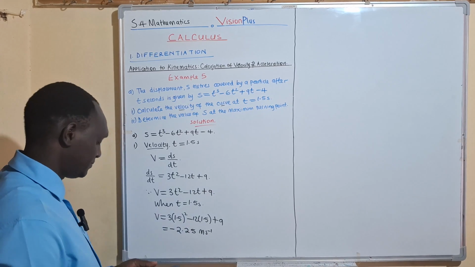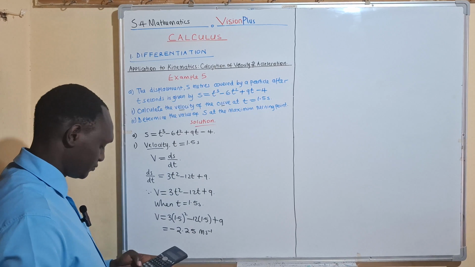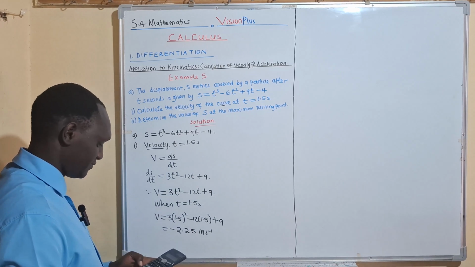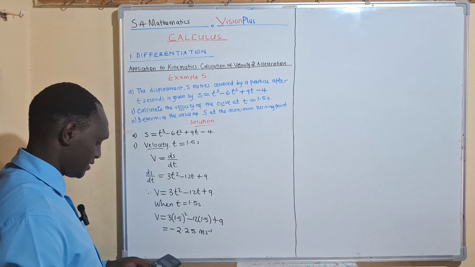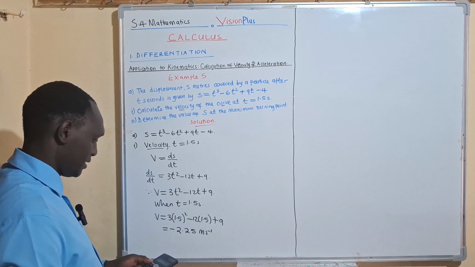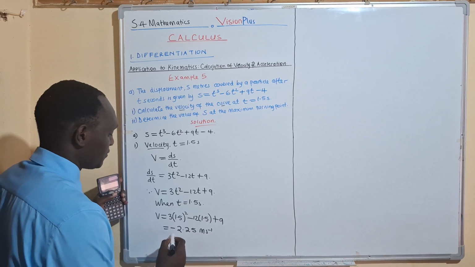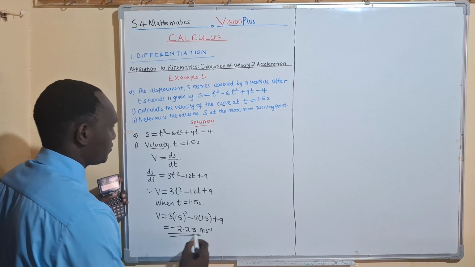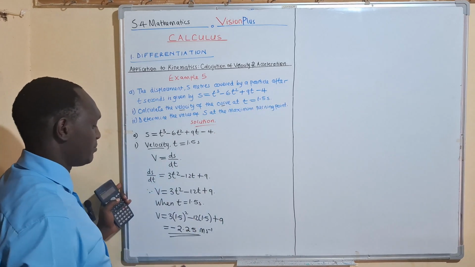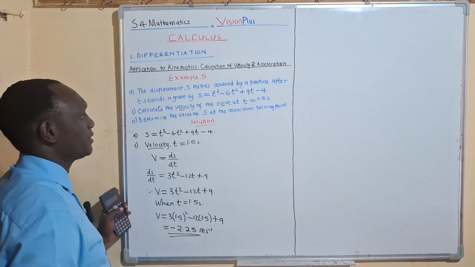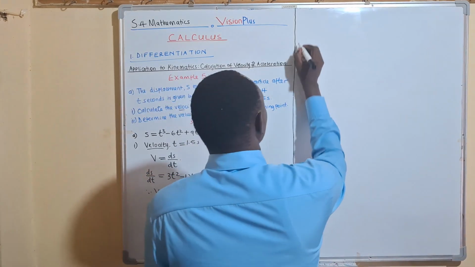Let me check again. Negative 2.25. So this is the velocity of the curve when the time is 1.5 seconds. So that is for Roman 1.